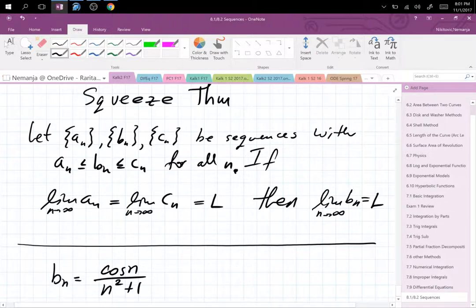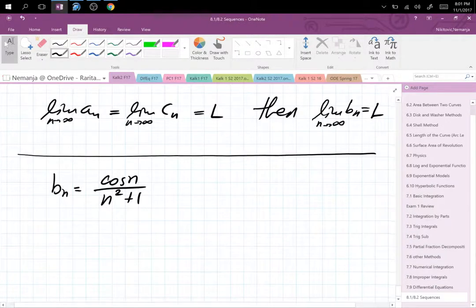Now, you know that the cosine is bounded between -1 and 1, but you don't know which out of infinitely many values between -1 and 1 is the answer as n goes to infinity. So taking this limit is not nice.